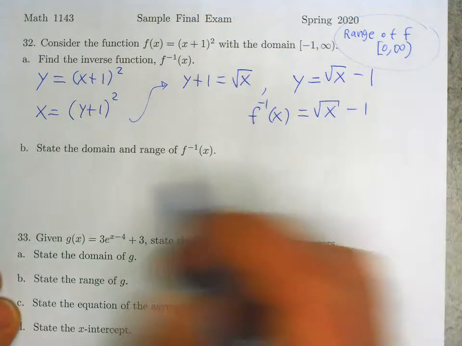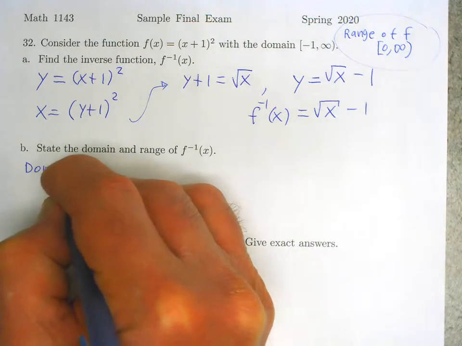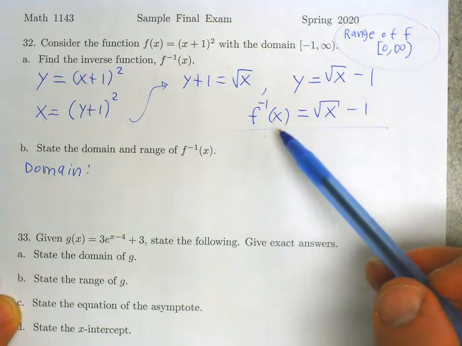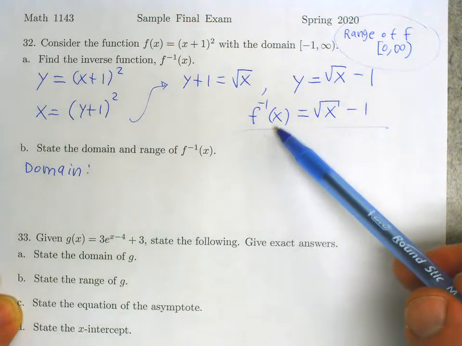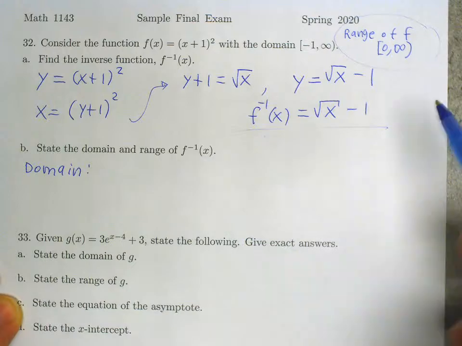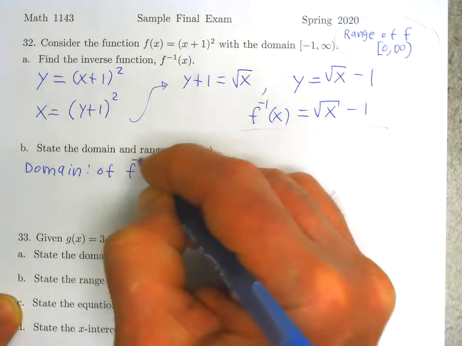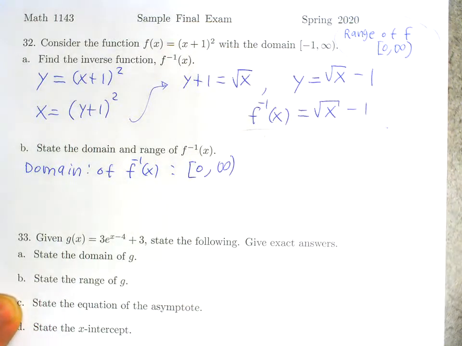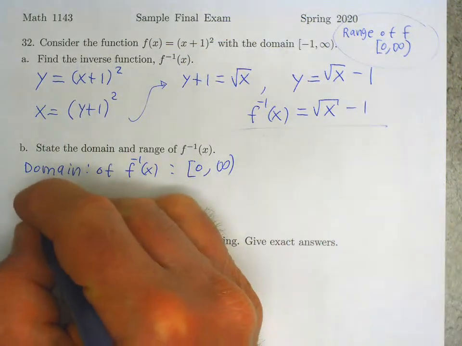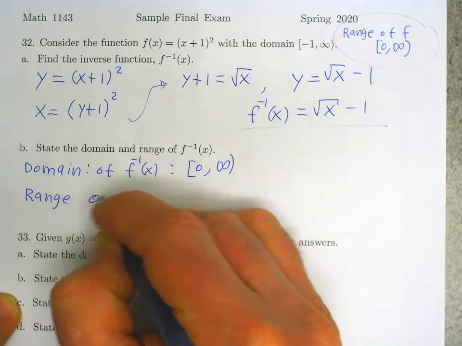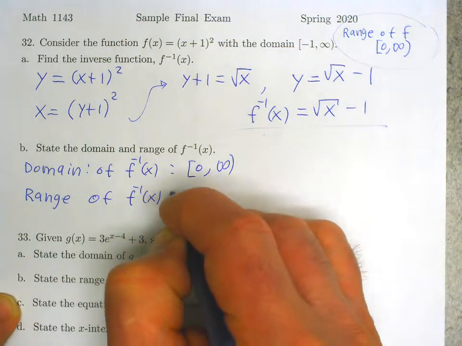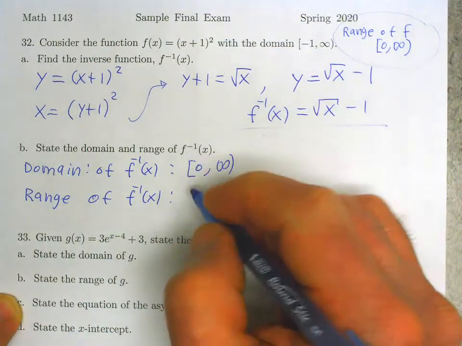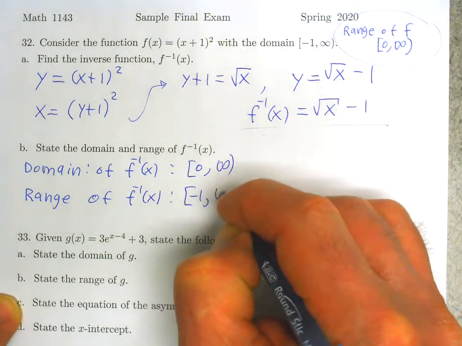So we have two ways of determining the range of f, or equivalently the domain of f inverse. So the domain of f inverse, to be a little more explicit, that's from 0 to infinity, including 0. And the range of f inverse is the same as the domain of f, and that was given to be from -1 to infinity.